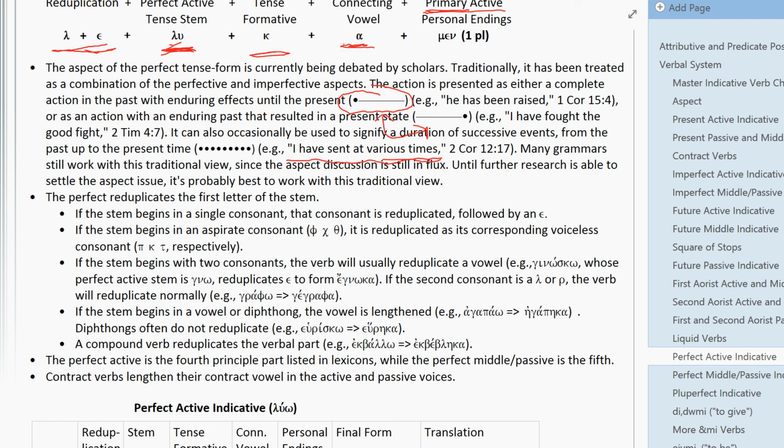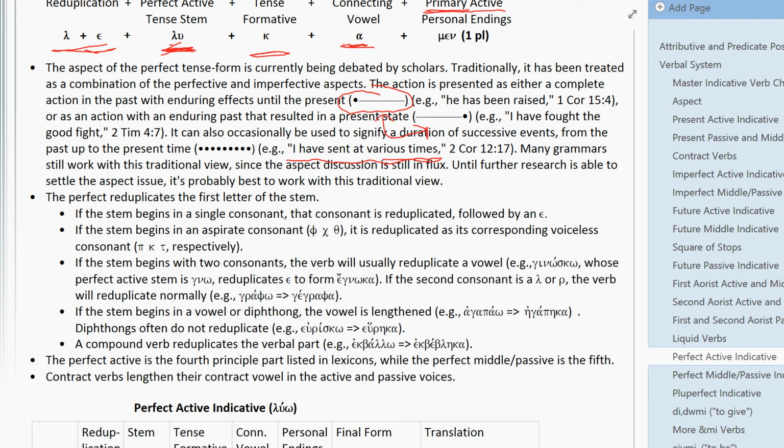The first is that if the stem begins with a single consonant, like luo, then that consonant is reduplicated followed by an epsilon. So that's the typical case. If the stem begins with an aspirate consonant, like phi, chi, or theta, it's reduplicated as its corresponding voiceless consonant. So basically, aspirate means you're sending breath through as you say it.